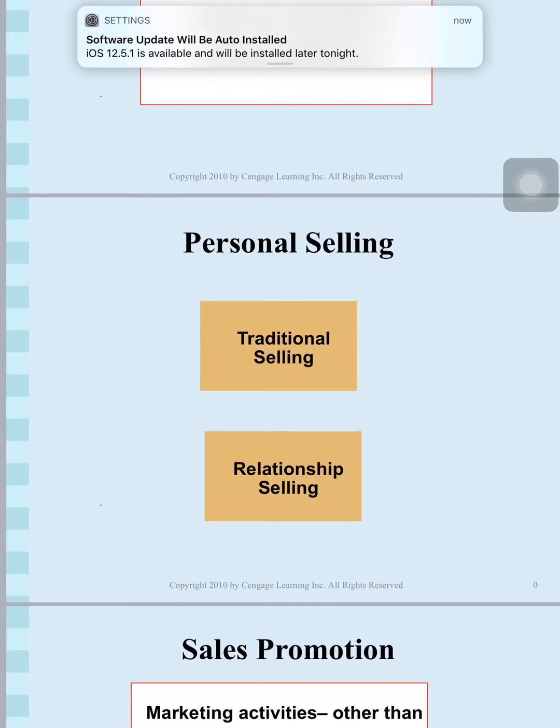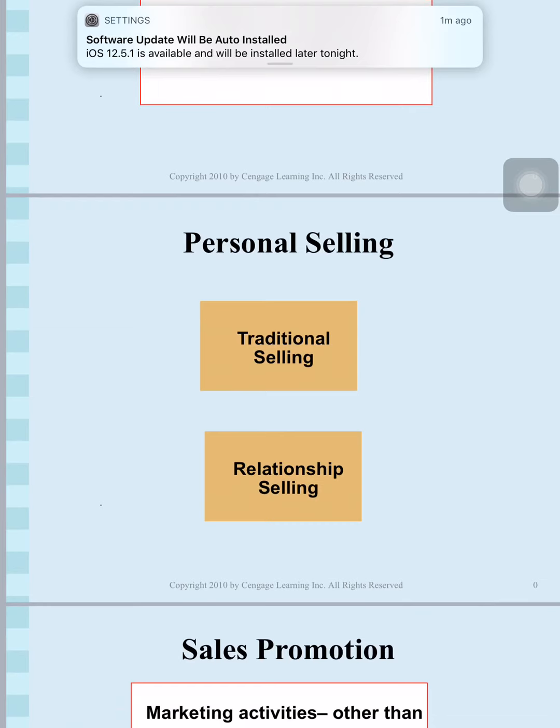Traditional selling is when they do the presentation to one or more prospective buyers, in order to develop the relationship between the salesperson and the buyer. That is called traditional selling.